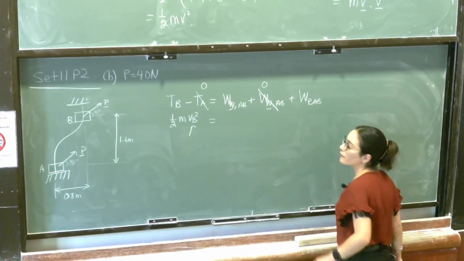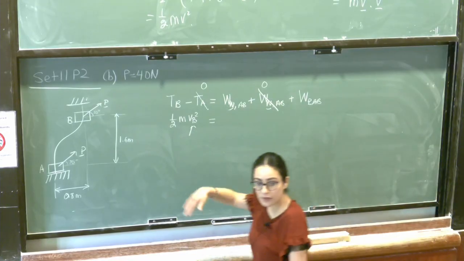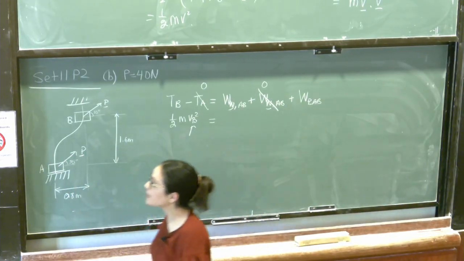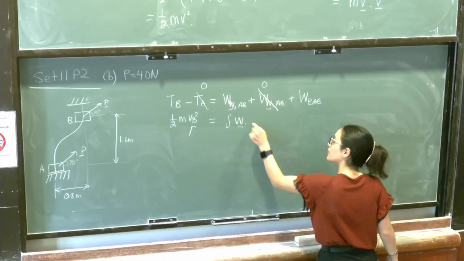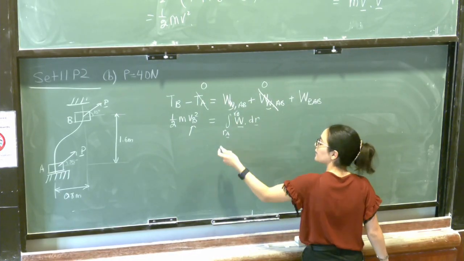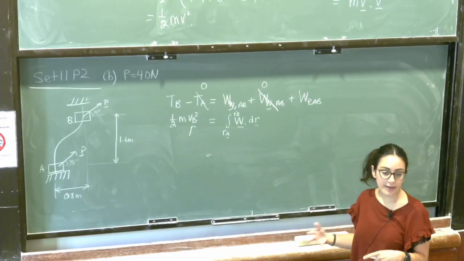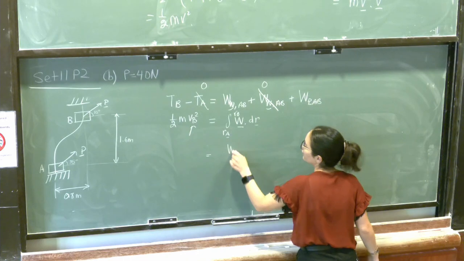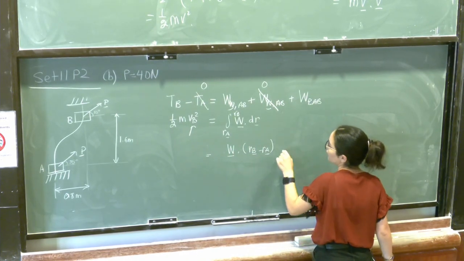What about the work of the weight? I have to go back to the definition of the work of the force. So that's the integral of the weight dot dr going from Ra to Rb. And as we did before, the weight is a constant force, so I can take it outside and I'll get W dot Rb minus Ra, right?